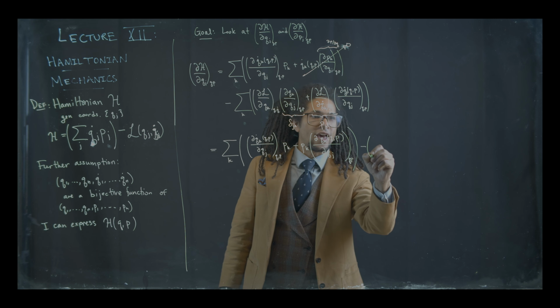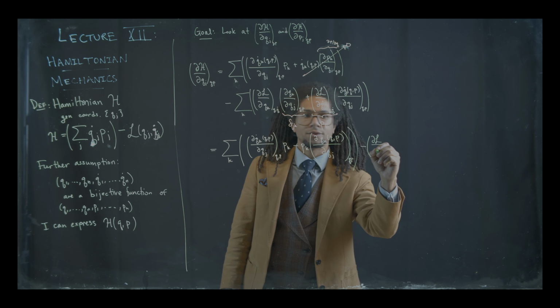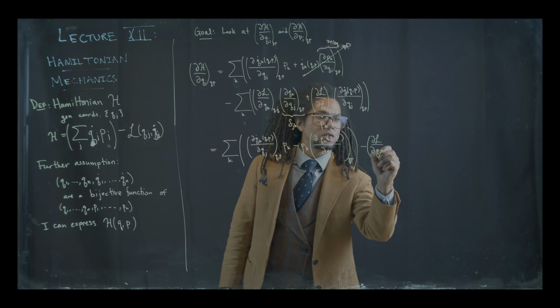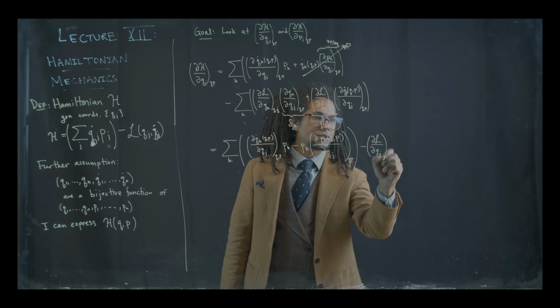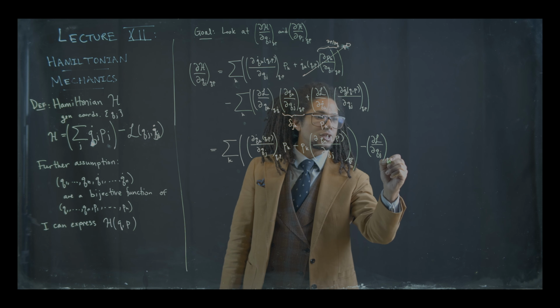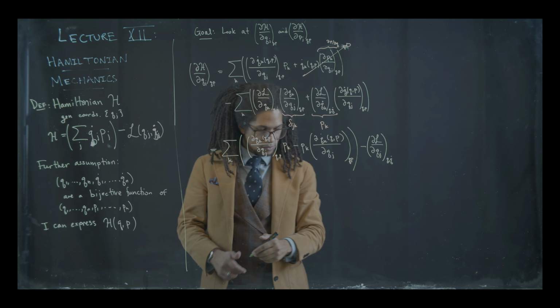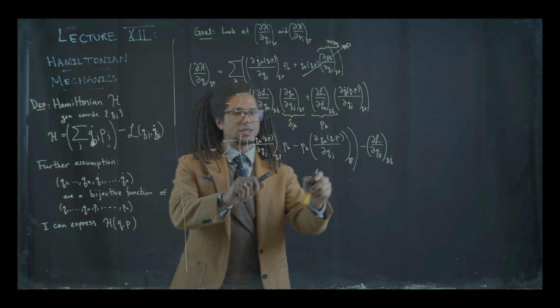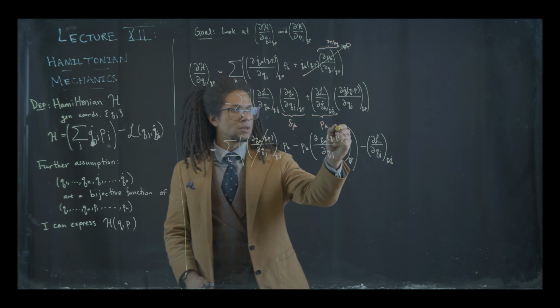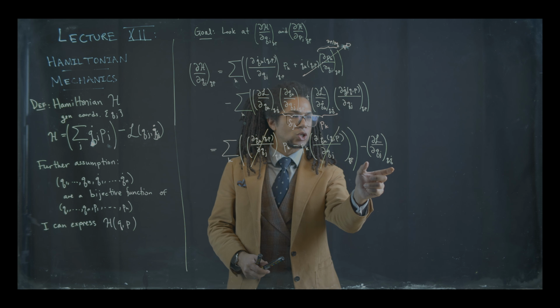So that becomes qj after evaluating the Kronecker delta while fixing the q's and q dots. And look, these two terms exactly cancel. So we're left with just this term.